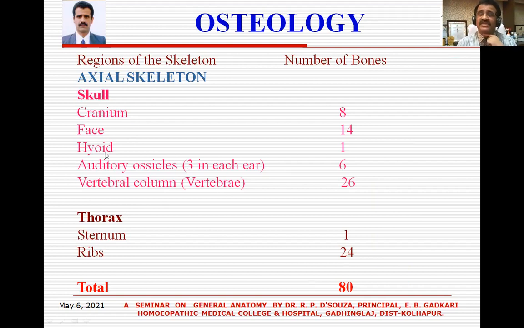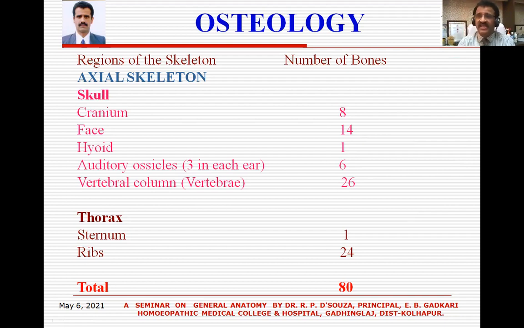And the hyoid bone is below the mandible, and ear ossicles are present in the temporal bone. So first we talk about cranium and face. In the cranium there are 8 bones altogether, and in the face there are 14 bones altogether. And the hyoid bone, there is only one here, and there are 3 ossicles each in the middle ear, stapes, malleus, and incus. So 3 together become 6.